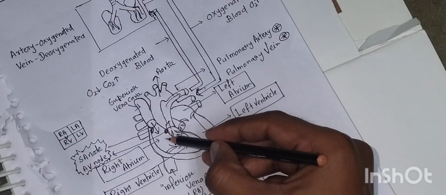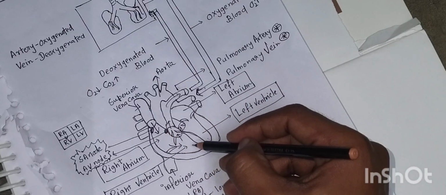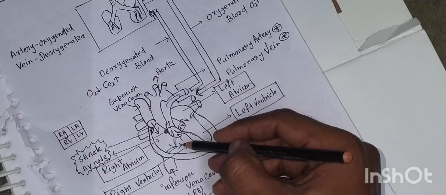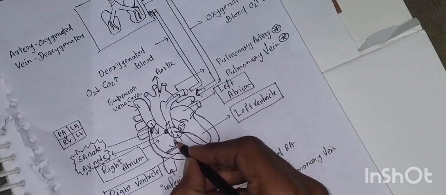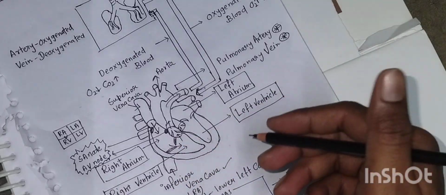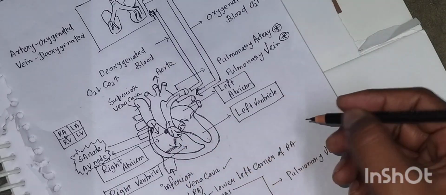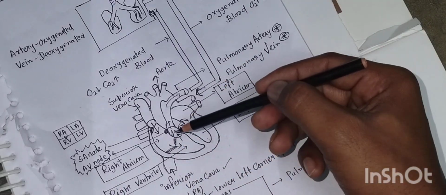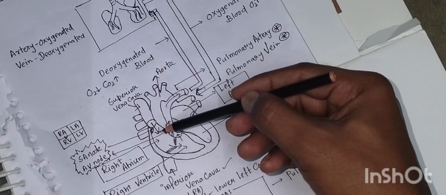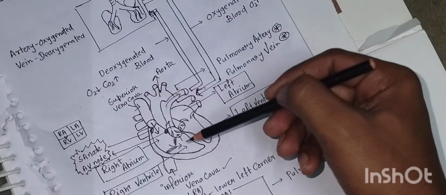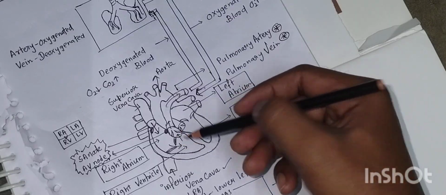Deoxygenated blood from the right atrium enters into the right ventricle through a valve. This is the valve. This valve is known as tricuspid valve. So if someone asks you which valve is present between the right atrium and the right ventricle, the answer is tricuspid valve.